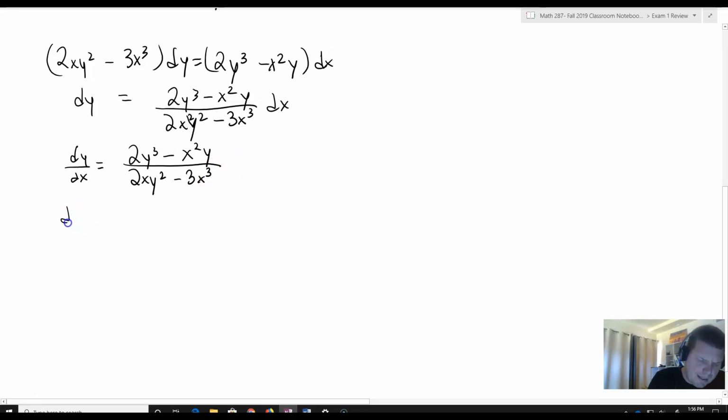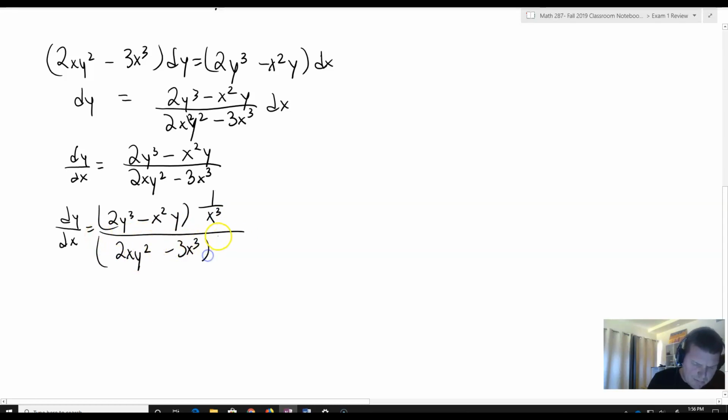Okay? So I'm going to take this dy/dx, and I'm going to set it equal to 2y cubed minus x squared y, times 1 over x cubed, and then 2xy squared minus 3x cubed divided by 1 over x cubed. Okay? And this is going to equal 2 y cubed over x cubed minus y over x divided by 2 y squared over x squared minus 3.